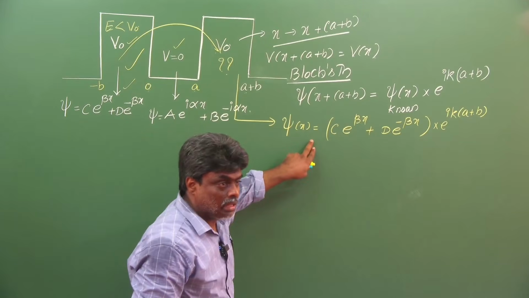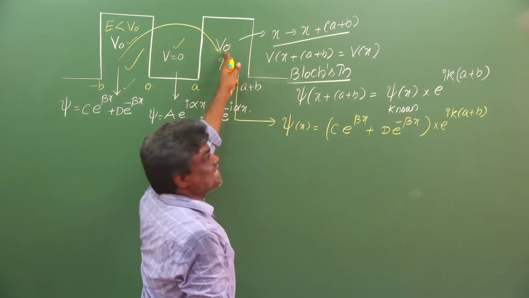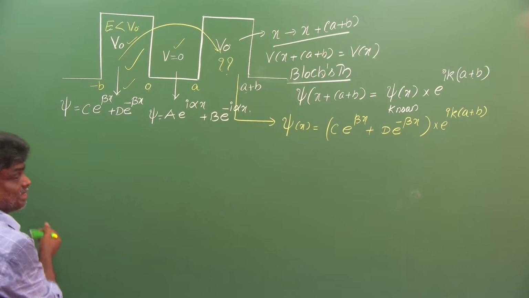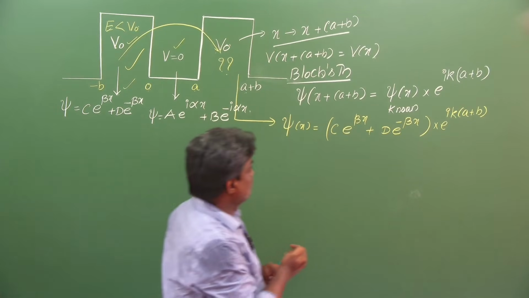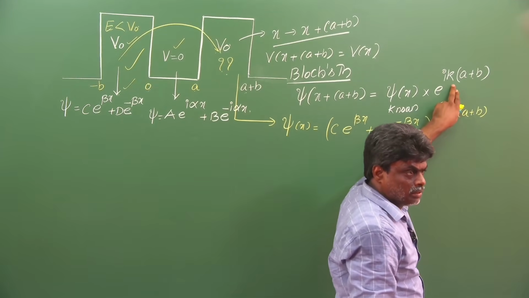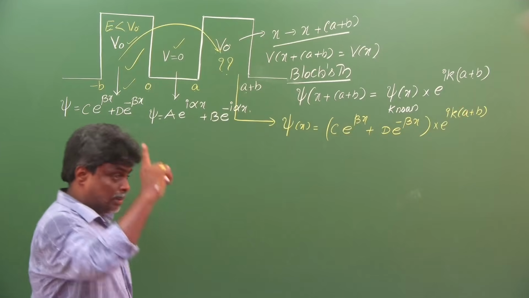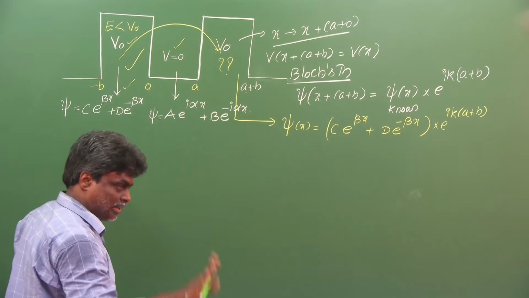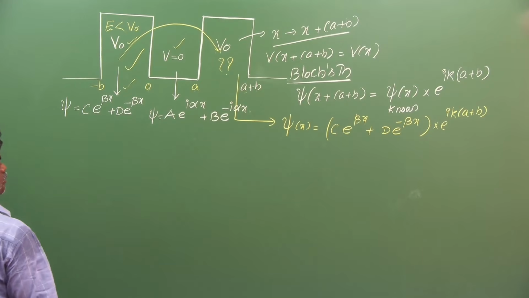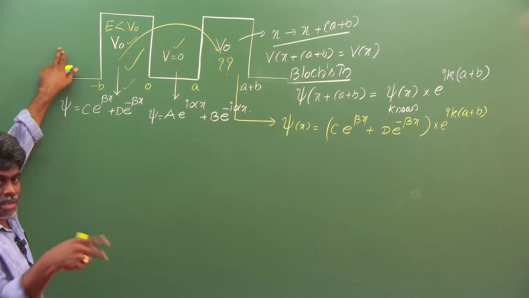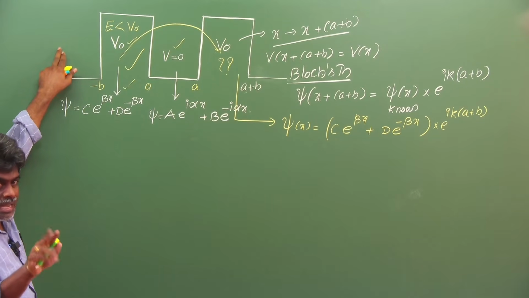Psi of x is written in this region. Okay, I will give the numbers, just wait. It is k, not beta. K, the plane wave k. Here beta we defined as something else. It is not beta, it is not alpha, it is k only, or maybe alpha, but not at all beta. When it is alpha, I will tell you, please wait.